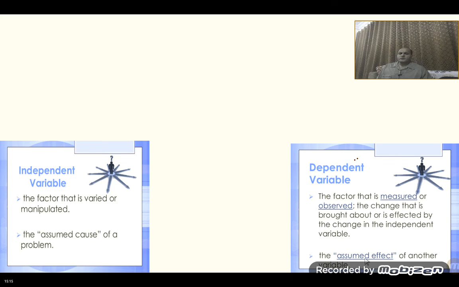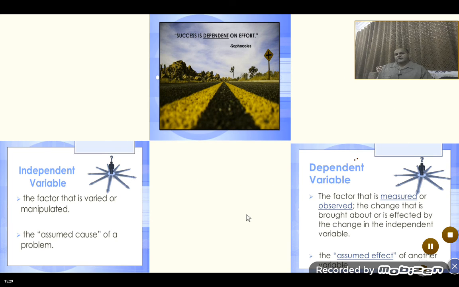So the assumed effect of another variable, and you know that success depends upon the efforts. Okay, as you put in your efforts, the success will come in your future and in your hand.